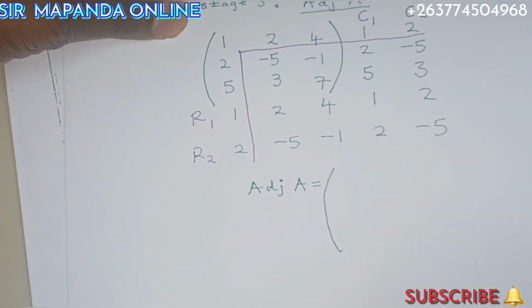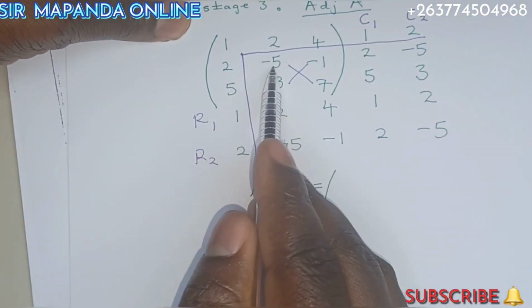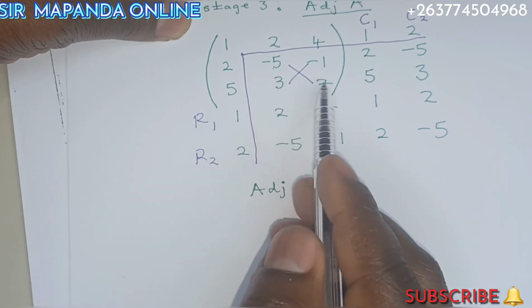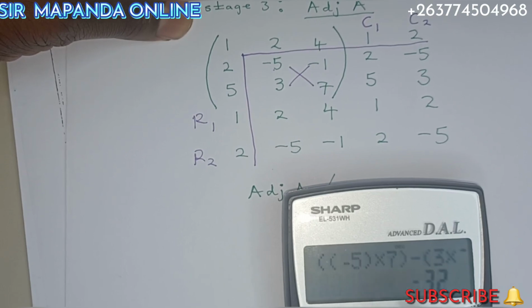So the first 2 by 2 matrix is this one, which is minus 5, minus 1, 3, and 7. So you are saying minus 5 times 7, which is the product of the first diagonal, minus 3 times minus 1. You get minus 32. Using this calculator is to make sure that I don't make mistakes.